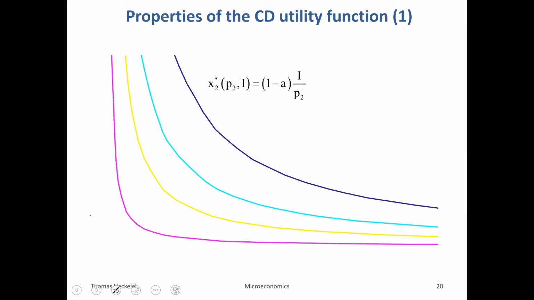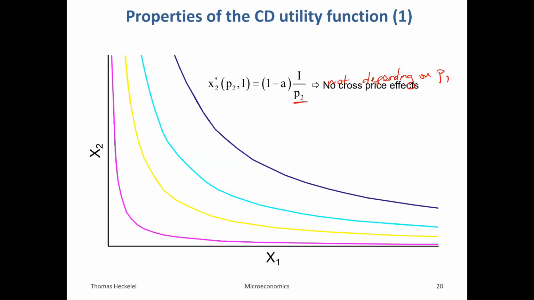The first thing to realize is that the Marshallian demand function from a Cobb-Douglas utility, x2*, only depends on P2, its own price, and not on P1, the other good's price. Doesn't matter if P1 changes or stays the same, the demand of x2 will not be affected. That means no cross-price effect.